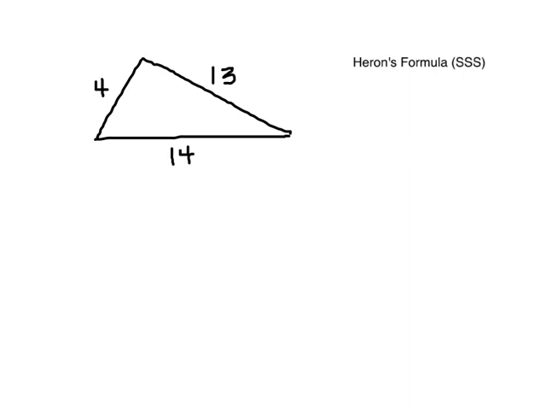And so what you need to first figure out is what the perimeter is, and the perimeter is adding up all three sides. And there's something called a semi-perimeter. It is represented by the letter little s. Little s is the semi-perimeter.